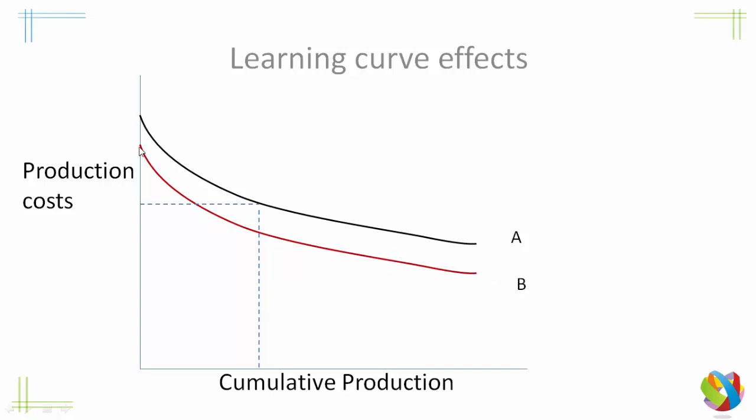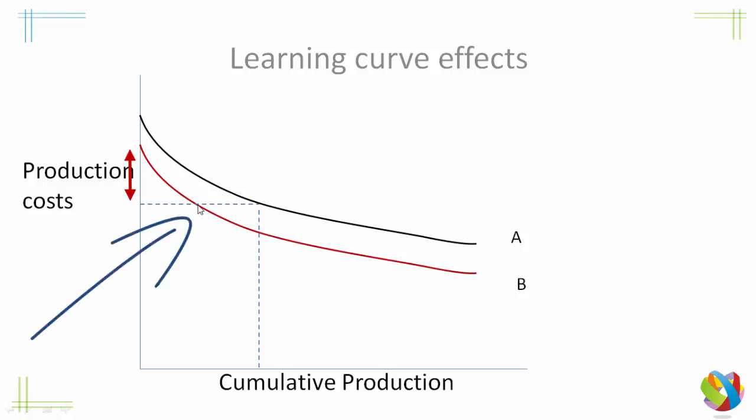B's problem is, although they have the potential of producing things cheaper than A by this amount, when they start off production, their costs are here. A has already been producing for this amount of time and their costs are here, meaning there is a difference in production costs of this amount.